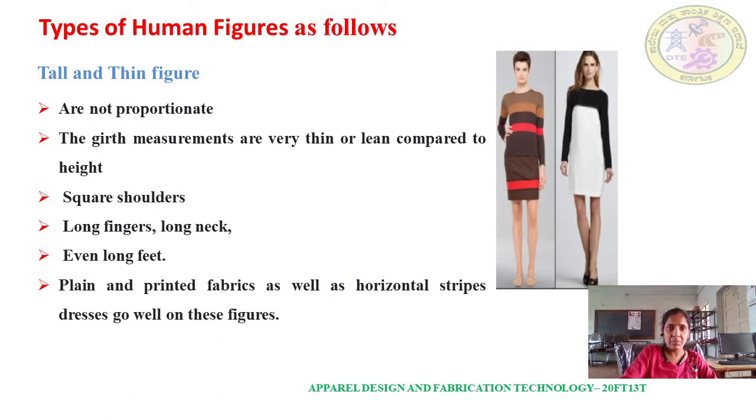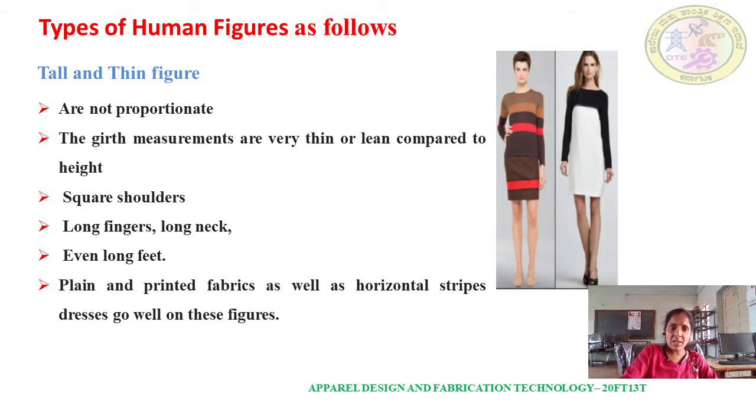height. Their shoulders are square or straight shoulders, as we can also call them. Their fingers are long, and the neck will be thin and long. Even their feet are long.